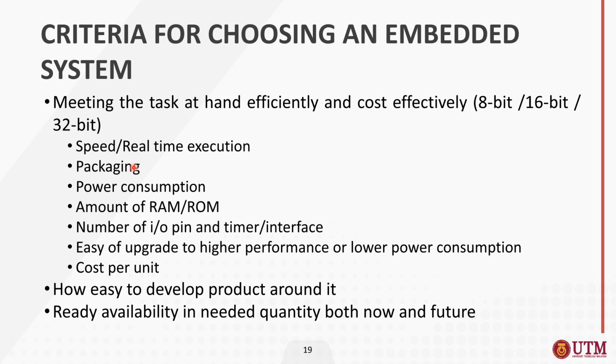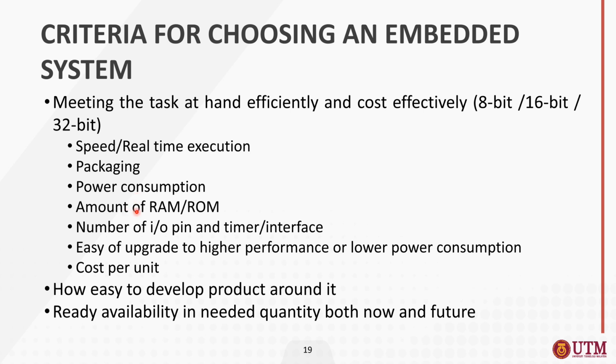If your system requires a very small application, you need to use an embedded system which is small in form factor. And in terms of power consumption, when you design a system, you already have the specs of the power supply. For example, for this system they only have 5 volts. So what embedded system can support a 5 volt supply? You need to search for that.